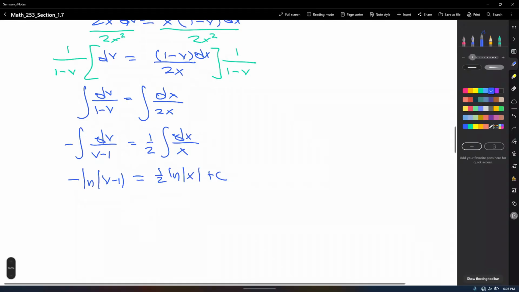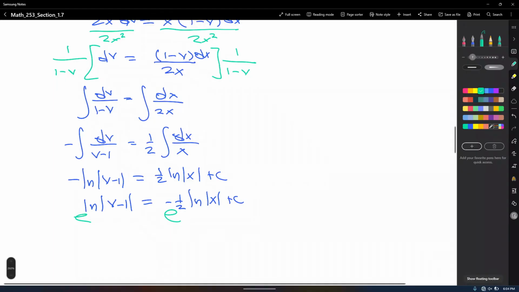So I'm going to multiply both sides by negative, because I would like to solve for v. ln of v minus 1 equals negative 1/2 ln of x plus c. And finally, let's exponentiate both sides.